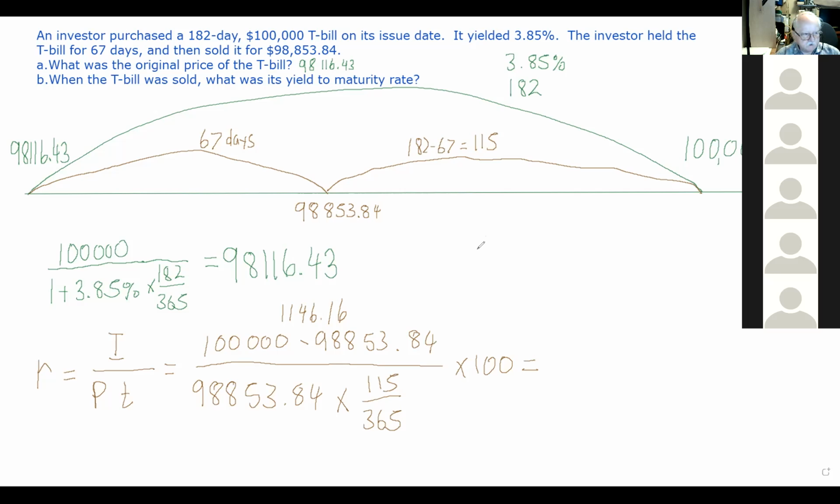And I agree with the answers I'm seeing in the chat box there. I'm getting 3.679990756%. And so we'd have to know how many decimal places. If they're asking for 2, it'd be 3.68%.